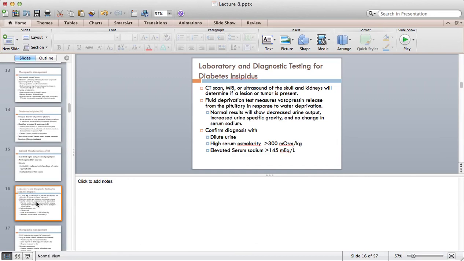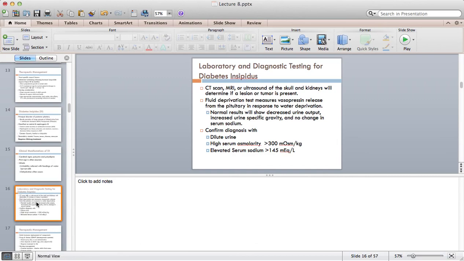However, in a patient that has diabetes insipidus, you see that their urine is still diluted. The serum osmolality is high.